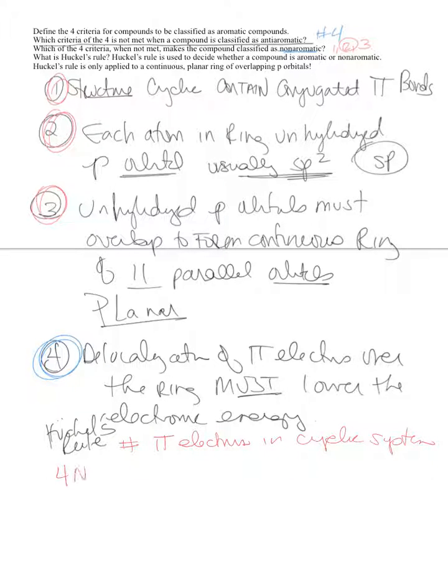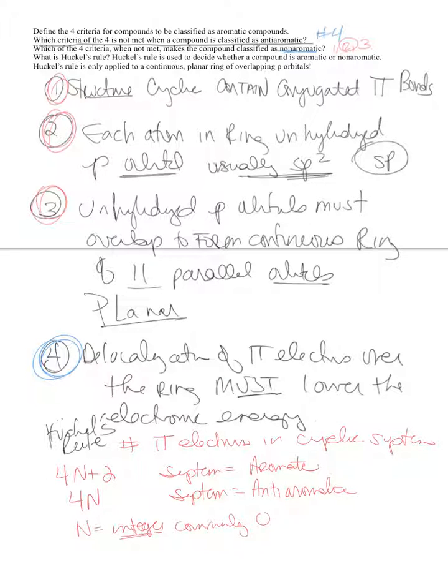And if it meets the 4n plus 2, the system is aromatic. And if it fits 4n, the system is anti-aromatic. And n would then be an integer, and it's commonly either 0, 1, 2, or 3.